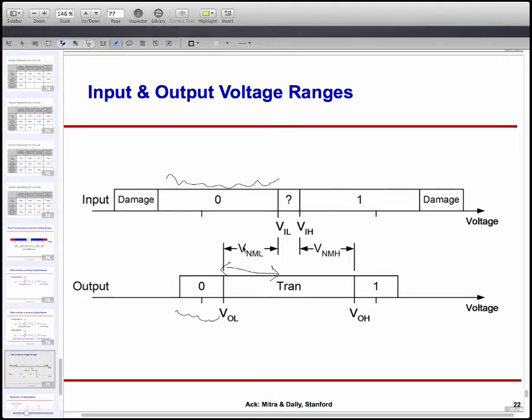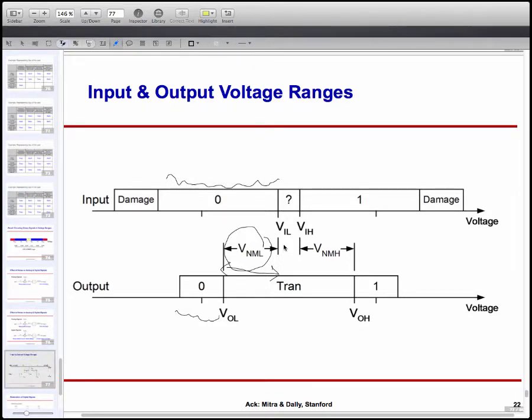And this is what we call VNML, or noise margin for the low side. So it's basically saying that my system may pick up noise, electrical noise, but as long as the noise is less than VNML, then a 0 will still be treated as a 0 by whatever other system is reading it.